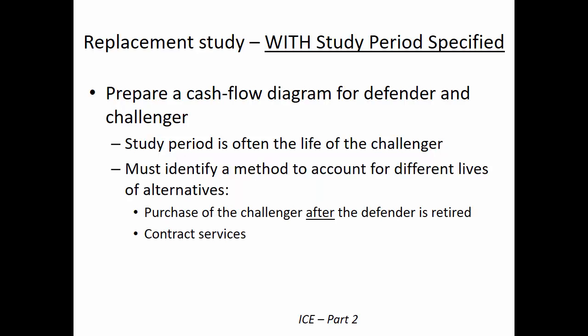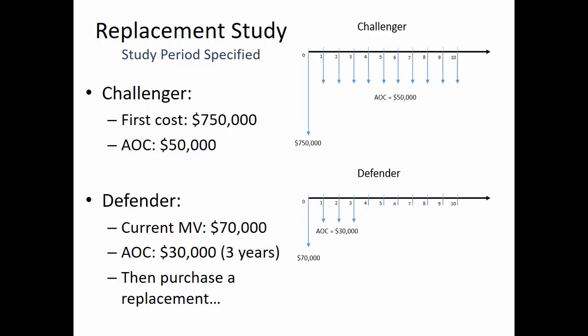Remember that we've done contract services before, where if you have 2 different lifespans, one of the ideas is just to rent equipment over the remaining years for the shorter lifespan. The other alternative is to buy the Challenger after the Defender is retired. That means you'd buy the new equipment after you use up the remaining life of the existing equipment.